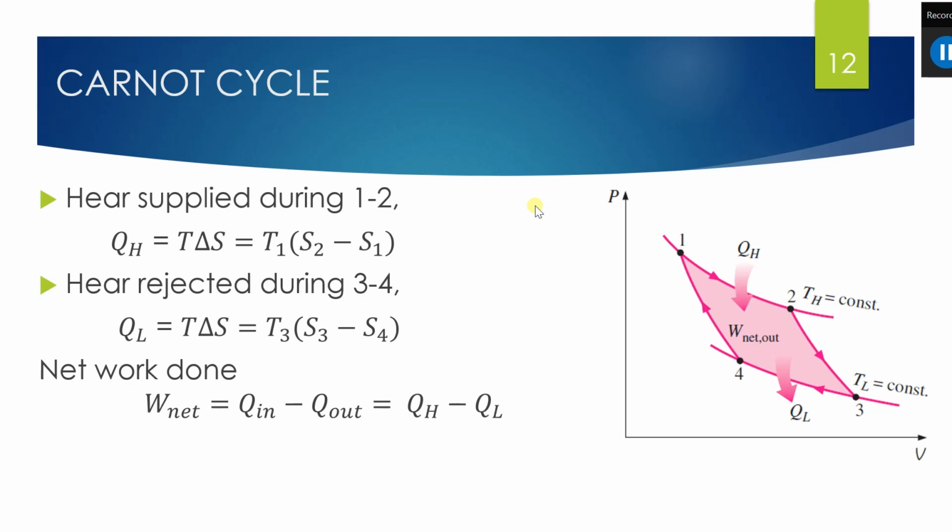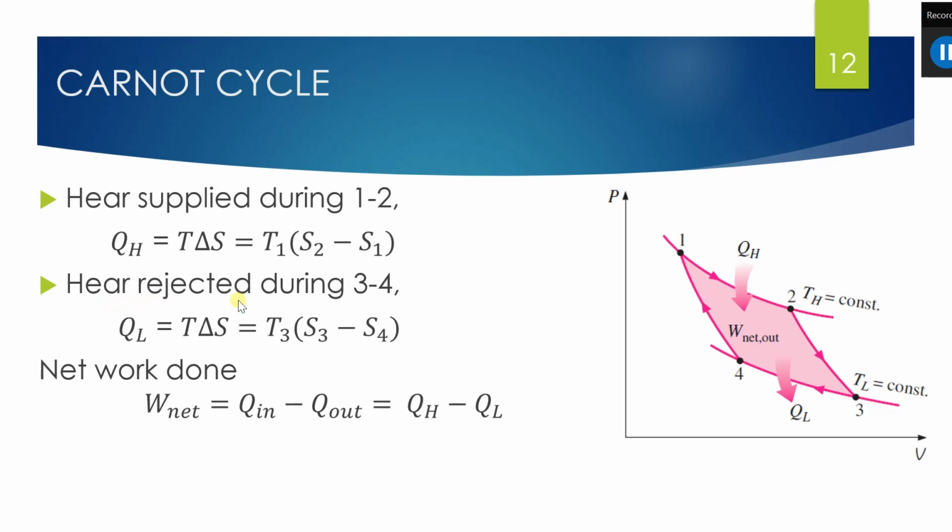We know that for the isothermal process 1 to 2, the heat supplied will be given as QH equal to T into delta S, where delta S is the change in entropy of the system, which is equal to T1 into (S2 minus S1), because in this process the temperature of the system remains constant, that is T1, and the entropy changes from S1 to S2. Okay, so heat supplied during process 1 to 2 is equal to T1 into (S2 minus S1).